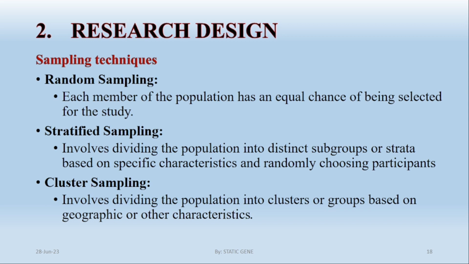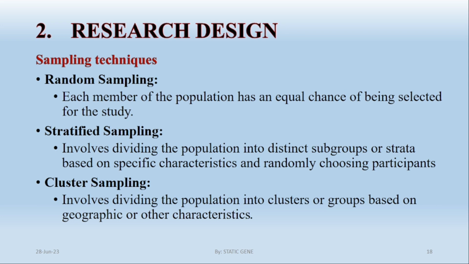Then we have cluster sampling. This is where you divide populations into clusters or groups based on geographic or other characteristics. Let's say you want to compare the income level of people living within town versus those living within villages. You then have to cluster. Okay, for you are within town, I'm going to recruit you under town. For you, since you're in the village, I'll recruit you under the village participants.